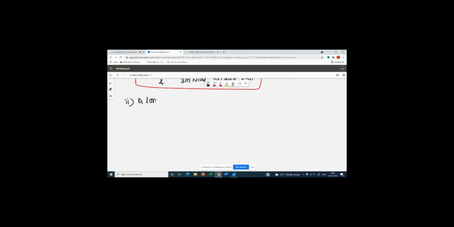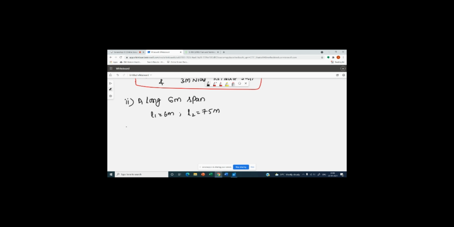Now when you are doing it along the 6 meters span, your L1 becomes 6 meters and the transverse span L2 becomes 7.5 meters.